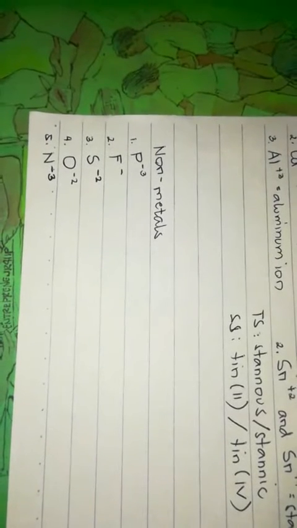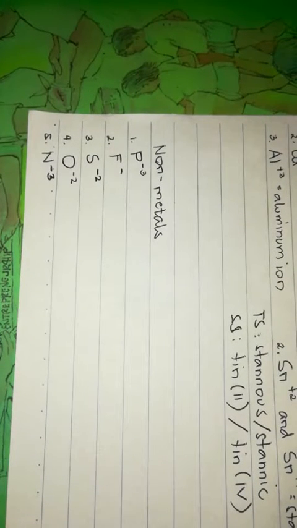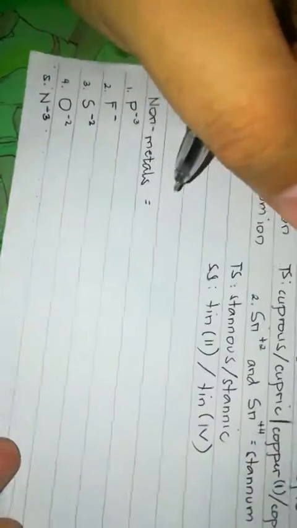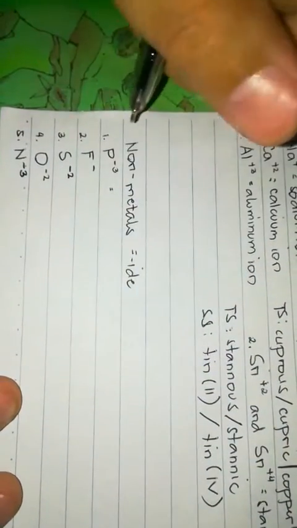Next, kanina is monatomic na metal, ngayon naman ay monatomic na non-metal ions. Now, in this case, if we're going to name non-metals, we will make use of the suffix "ide". So this one is phosphorus, number 15 sa periodic table if I'm not mistaken. Meron siyang charge na -3.